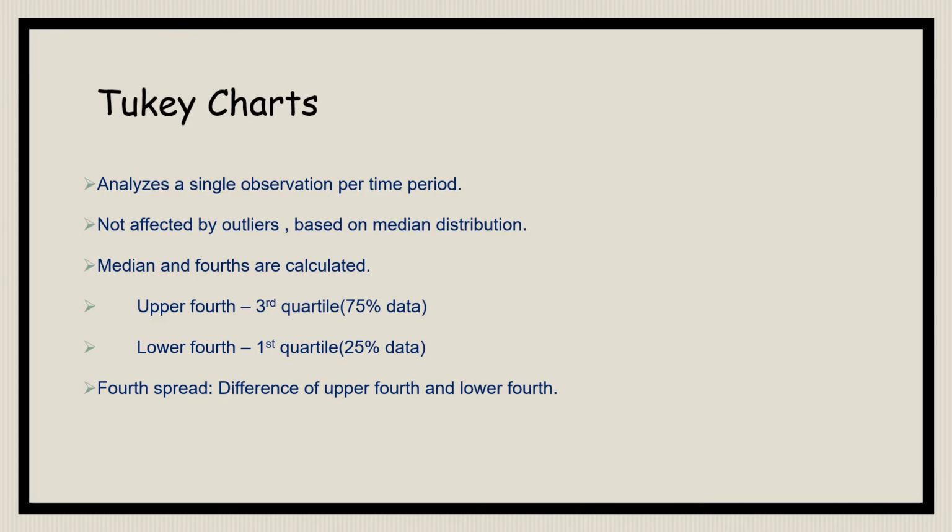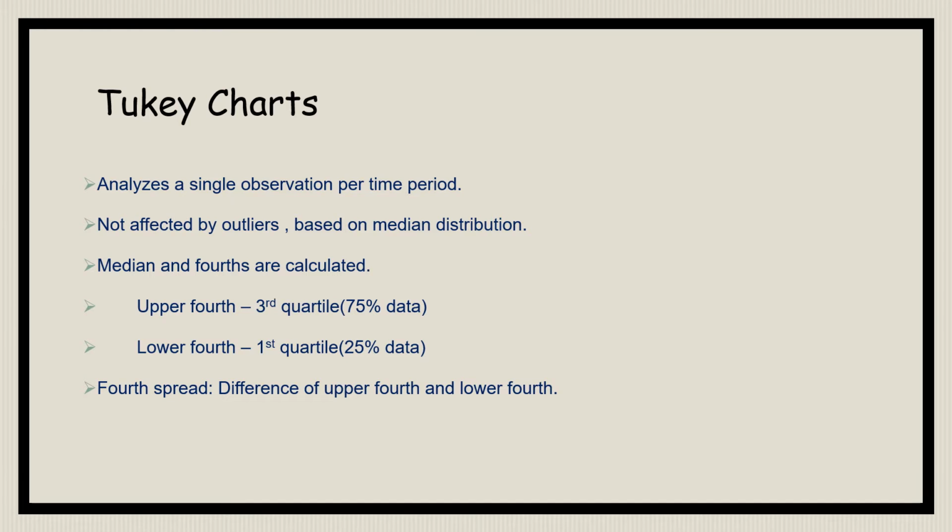I just want to briefly describe what Tukey charts are. It is a type of chart useful for analyzing single observations per time period. These charts are not affected by the presence of outliers, as they are based on median distribution.